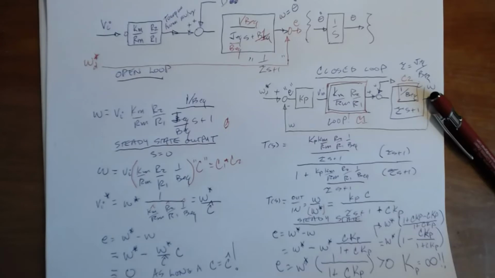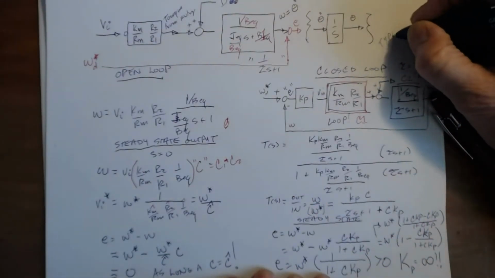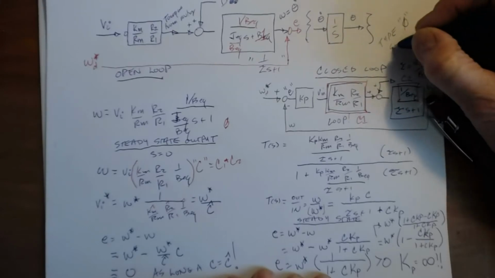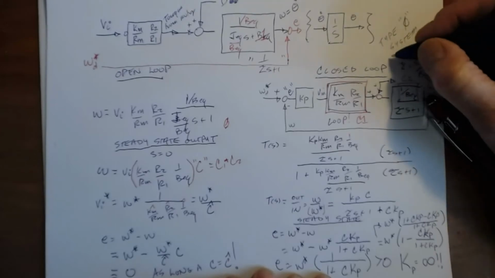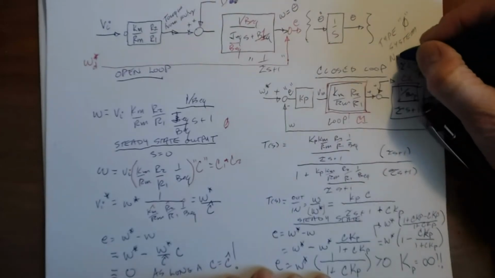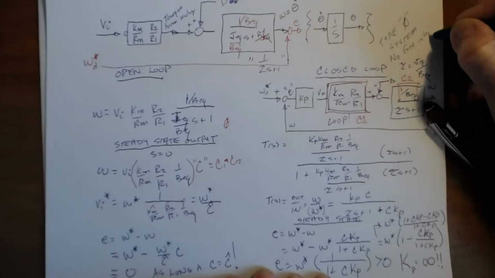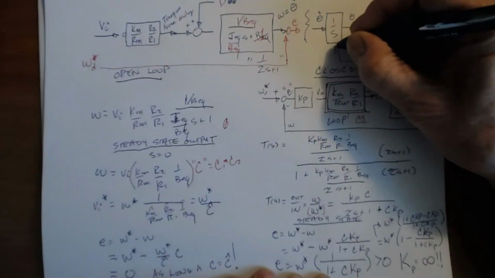This is what's known as a type 0 system. There are no free integrators. Later, that's a free integrator.